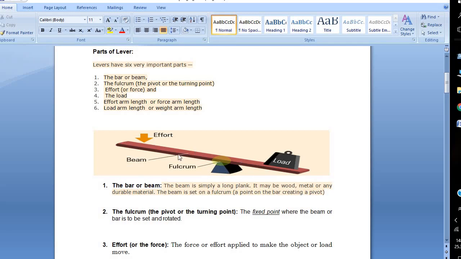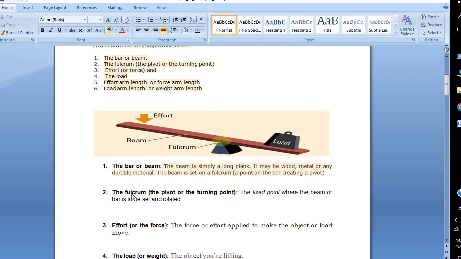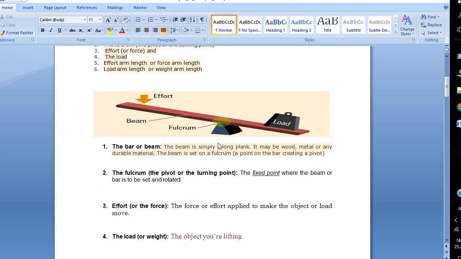Okay, this is the beam definition. Now come to the fulcrum, the pivot or turning point, the fixed point where the beam or bar is set and rotated. You can set the fulcrum on the fixed point, and the bar can be rotated. You can move it up, down, anything.